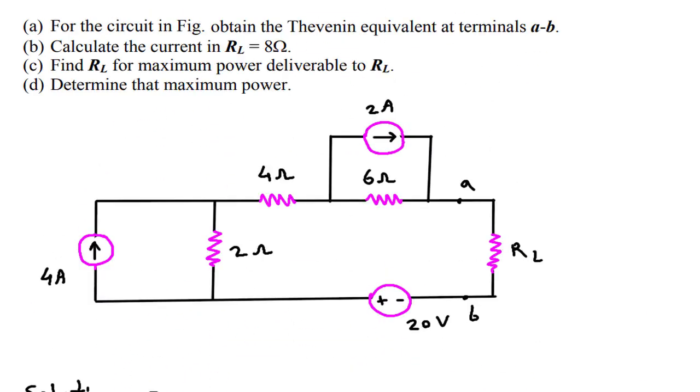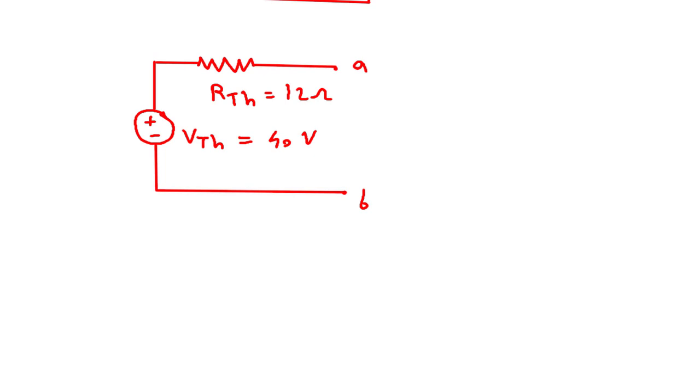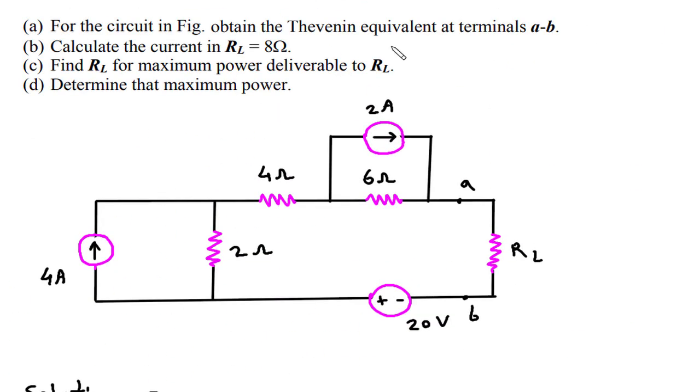Next we have to calculate the current in RL. RL is equal to 8 ohm. So this is the answer for B. When RL is equal to 8, we have to calculate the current IL.